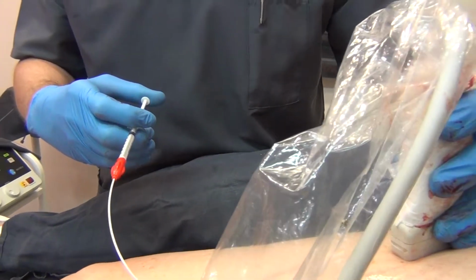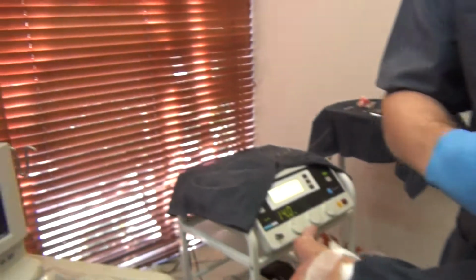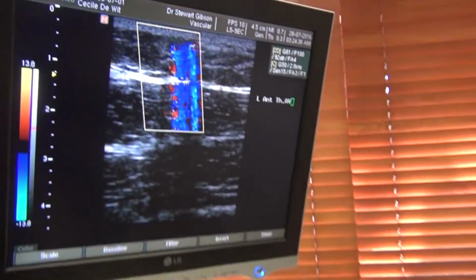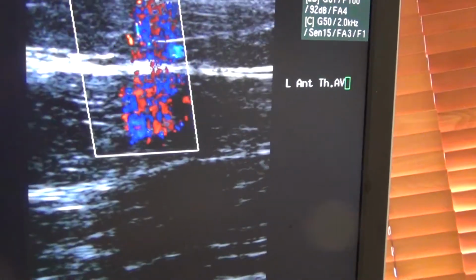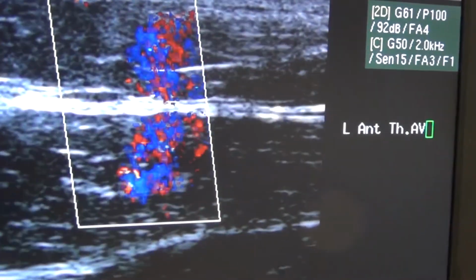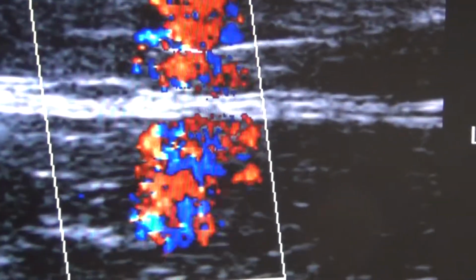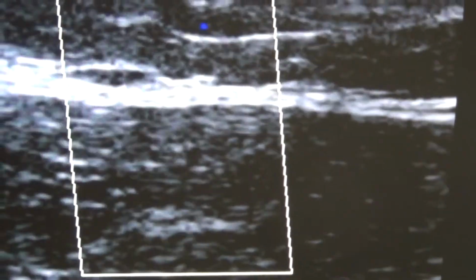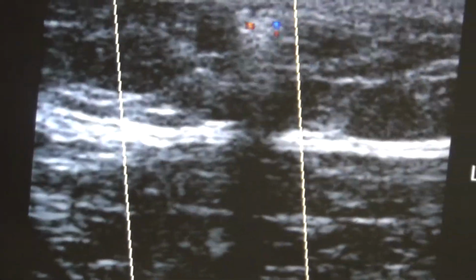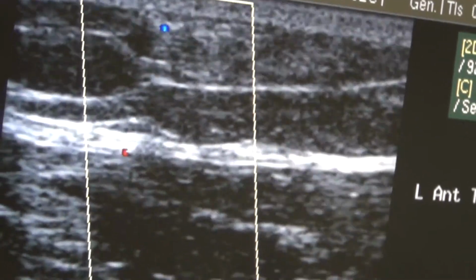Look on the screen over there, you'll see it flowing down into the anterior perforator of the thigh. This is a 1%, 1 cc STD, ultrasound guided foam, made up with a combination of oxygen and carbon dioxide.